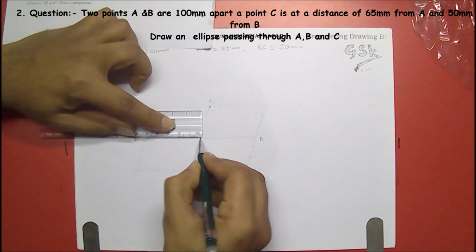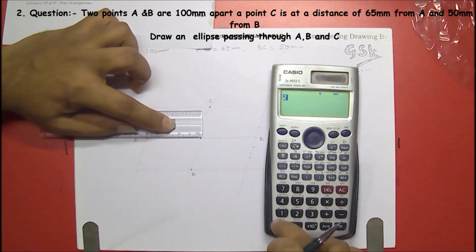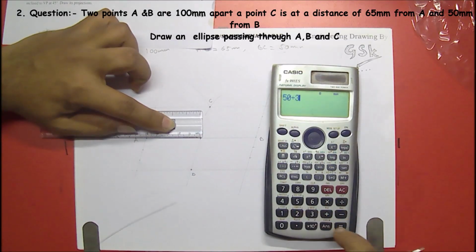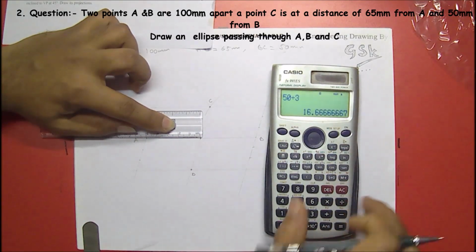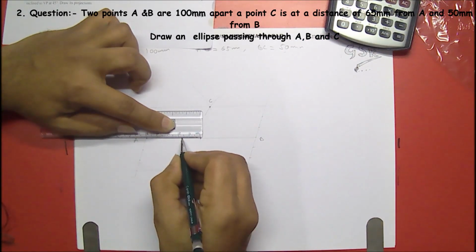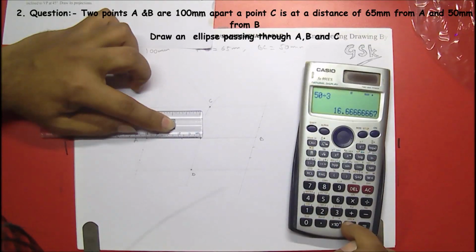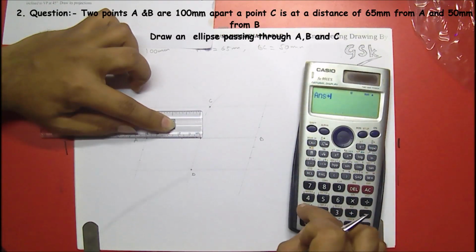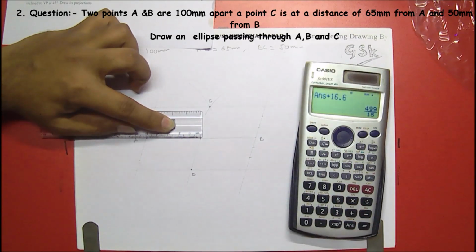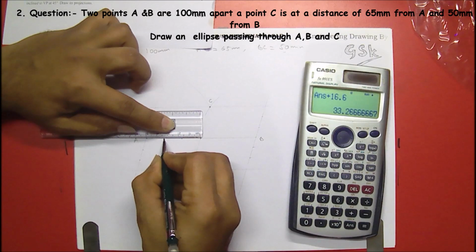This is 50, so I'll be dividing this 50 into 3. 50 by 3, I'll be getting 16.6. From here 16.6, plus 16.6 would be 33.2.